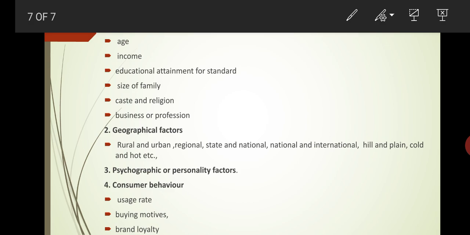According to the profession or business of the particular consumers, the marketer divides the total market into different segments.